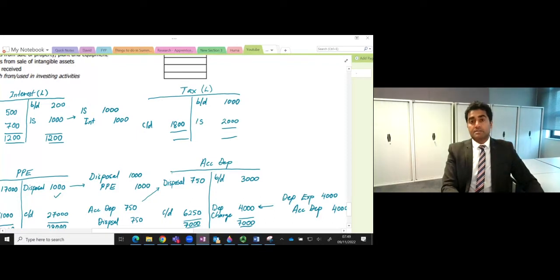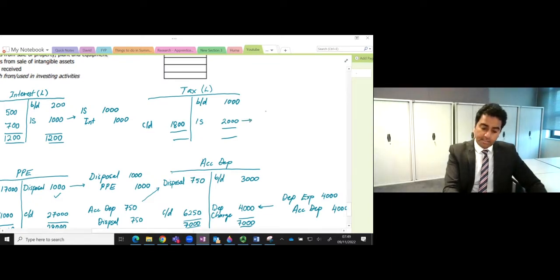Again, if it is recorded as an expense in the income statement, that means the income statement was debited by £2,000. That means tax account was credited. The double entry is income statement debited £2,000 and tax account is credited by £2,000. Now let's close this account. The credit side is heavier.